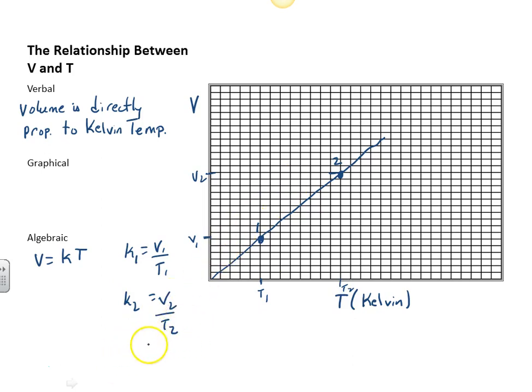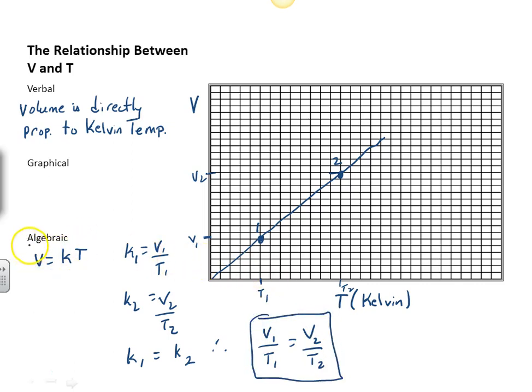Since it's the slope of a line, the slopes at point 1 and point 2 are equal. Therefore, V1 over T1 equals V2 over T2.